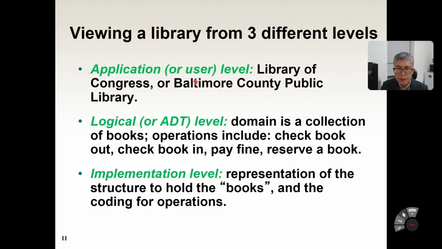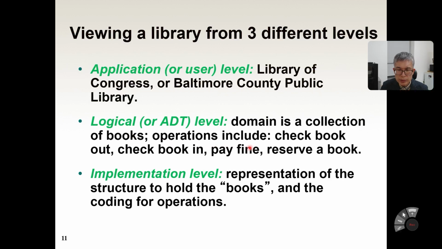Okay. So this is viewing a library from three different levels. The application or user level is the Library of Congress or the Baltimore County Public Library in the United States. At the logical, or ADT, abstract data type level, the domain is a collection of books.